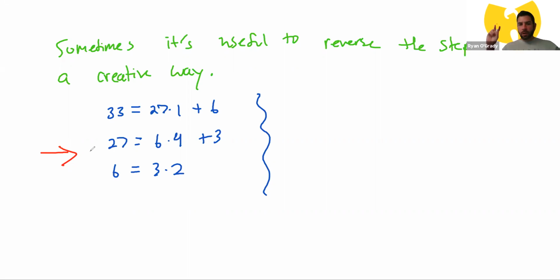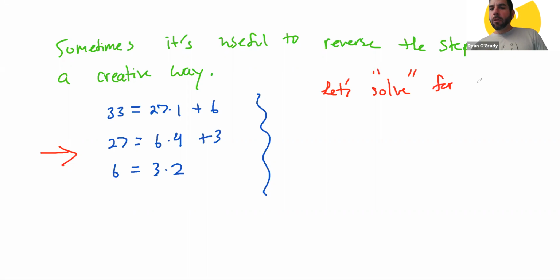What I want to do is quote unquote solve for 3 so that I get the numbers 33 and 27 involved. So let's solve for 3 in terms of the original numbers, which are 33 and 27.